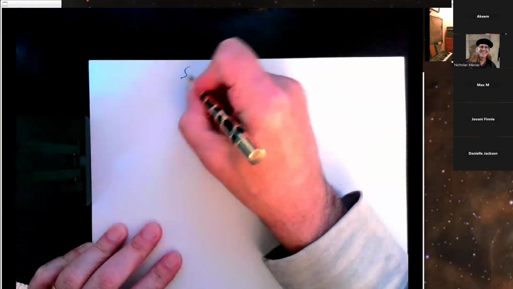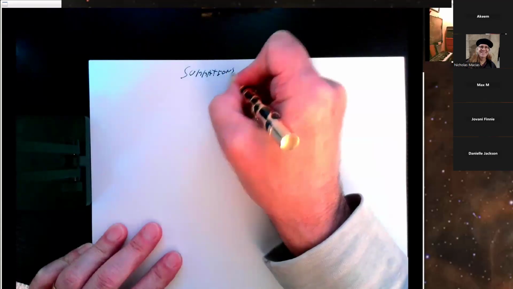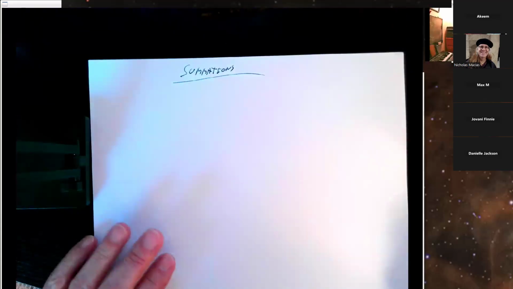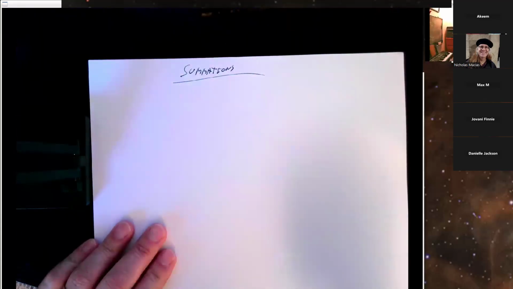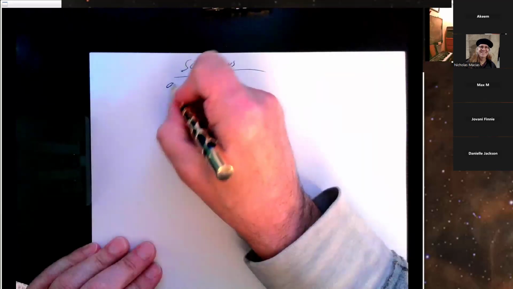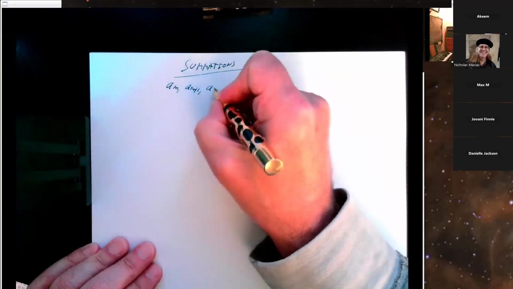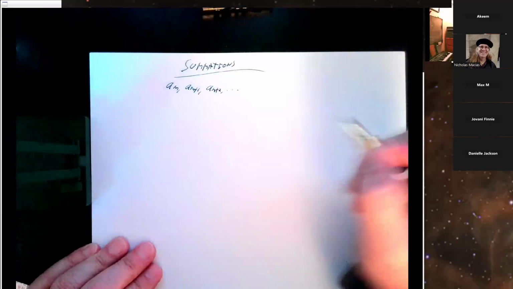Let's see, summations. So this is another shorthand kind of thing. Suppose I have a set of numbers, and let's say they're a sub m plus 1, a sub m plus 2, and so on.